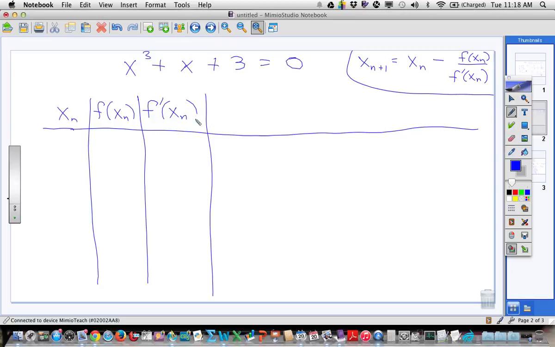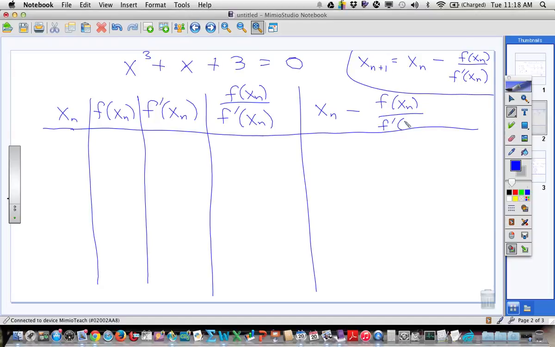Now you can get your calculators out because we're going to use our calculators here for this. The next entry in the table is going to be f of x sub n divided by f prime of x sub n. And the last entry is going to be our answer: x sub n minus f of x sub n over f prime of x sub n. In other words, I want you to write out each of the steps you go along the way.